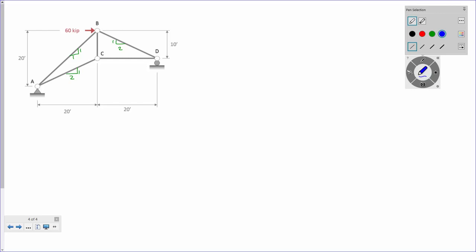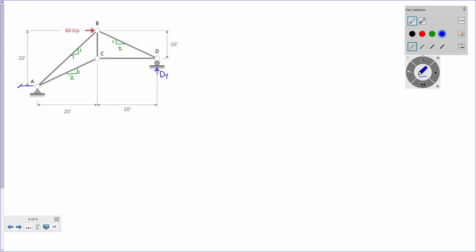Let's also pick some directions for our support reactions. So, I don't know, D, what do you want to say, acting upwards? You want to assume down? It doesn't matter. Okay, what about AX? Should it go to the right or to the left?